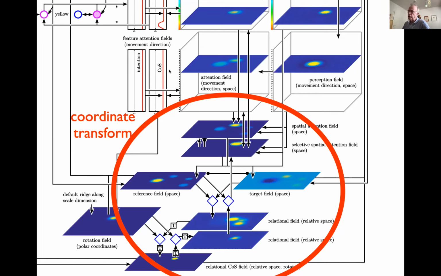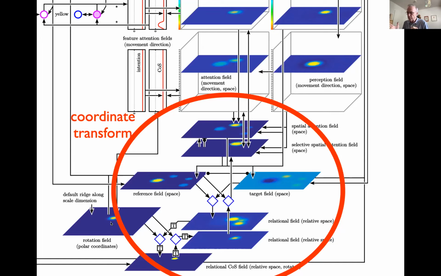For movement direction, it's a little more complex. I'm not fully explaining that. What you have to do is use an object-centered orientation. So if an object is moving, then you're making a coordinate transform that amounts to rotation. It's actually translation in polar coordinates, log polar coordinates. You can see that the translation is the same as rotation.